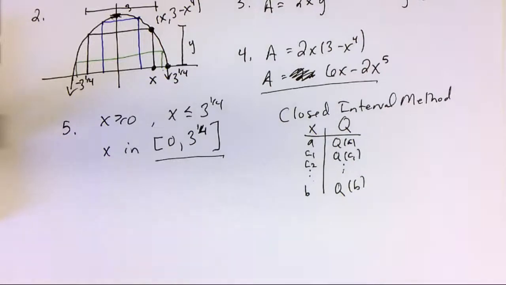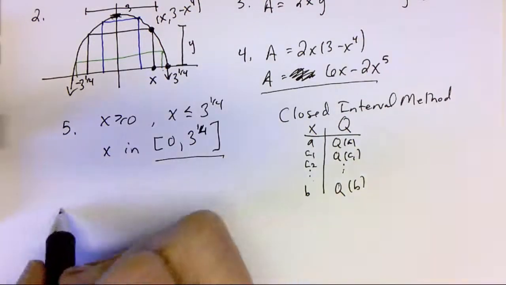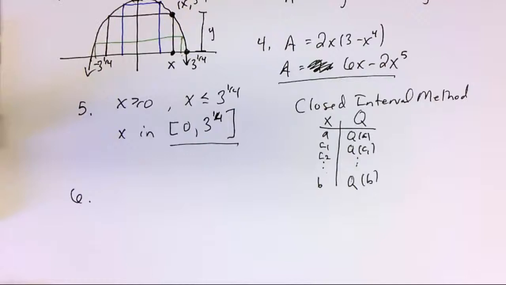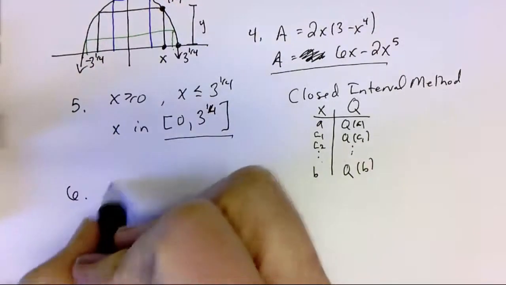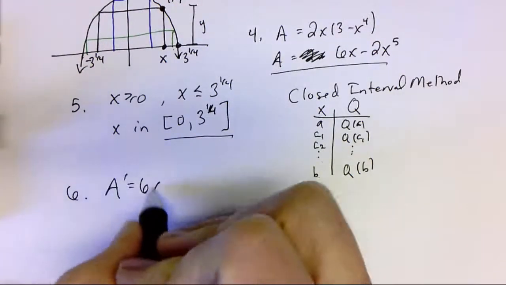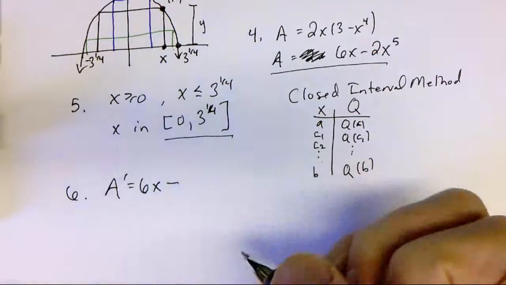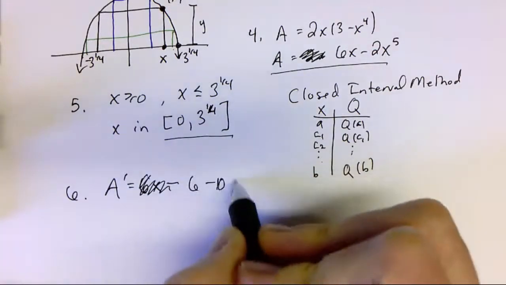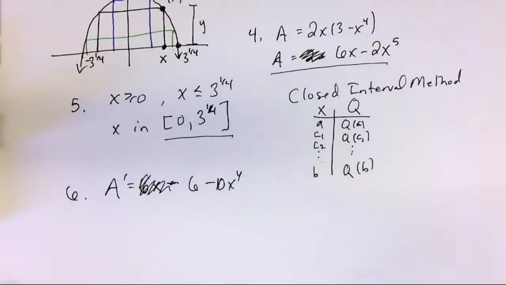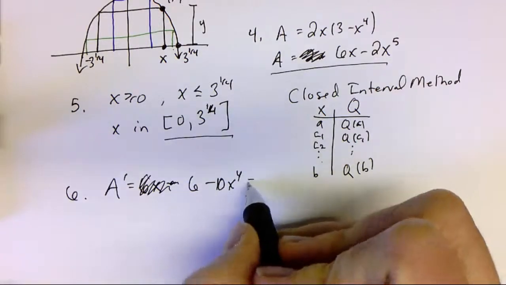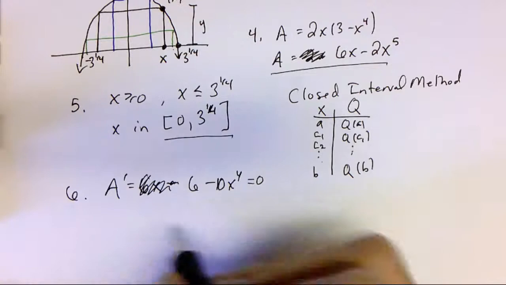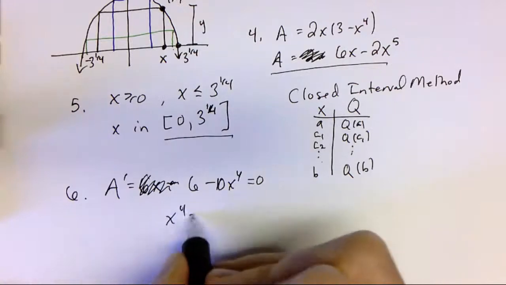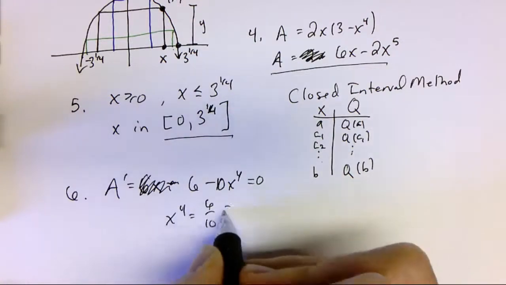So we have to find critical numbers. To do that, I take the derivative. The derivative of 6x minus 2x to the fifth is 6 minus 10x to the fourth. It's clearly defined everywhere, but it's going to equal 0 whenever x to the fourth equals 6/10 or 3/5.